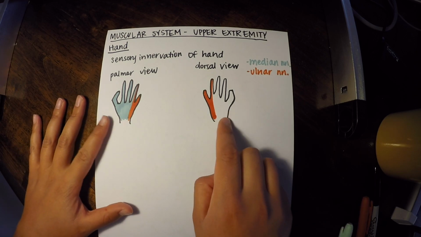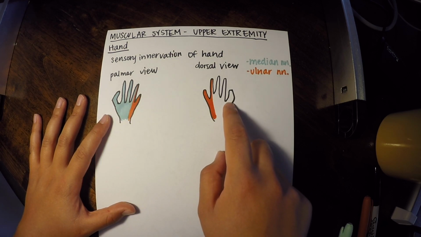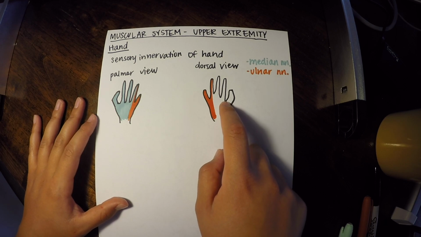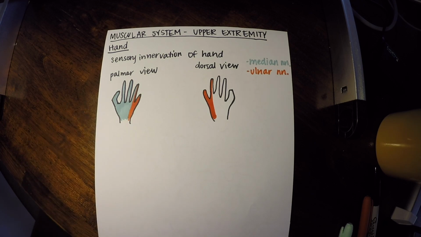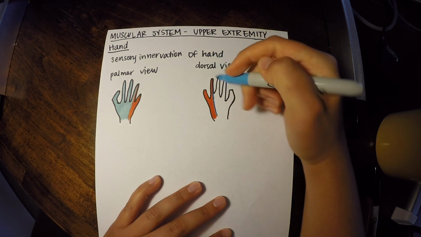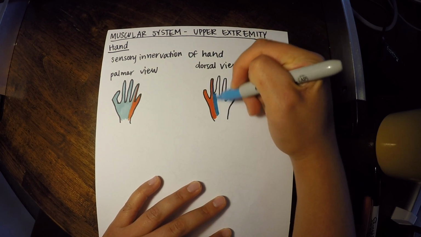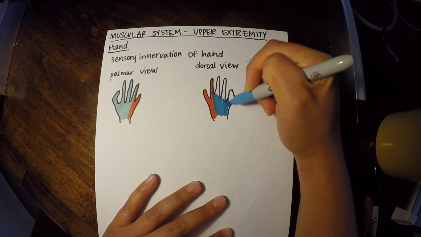Now, the difference is that the median always gets the palmar side, but a different nerve gets the dorsal side, and that's actually our radial nerve.